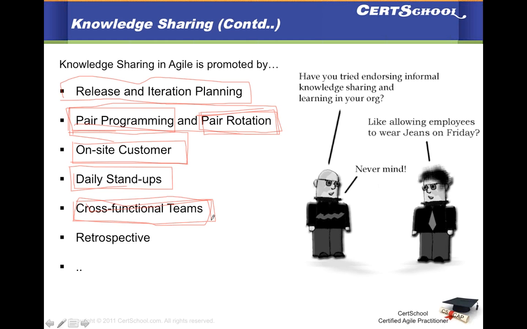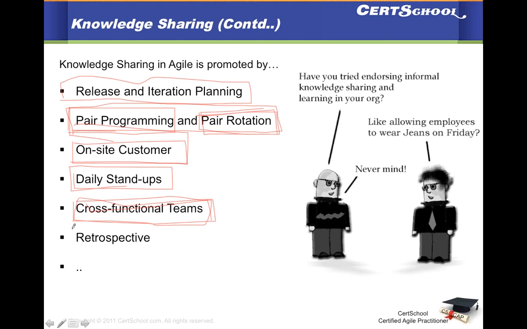Because you're working closely with resources which have varying skill sets, you learn from each other. You learn how somebody who's working on the back end side, working closely with the UI engineer, would help them understand how the technology on the UI side works. And vice versa.